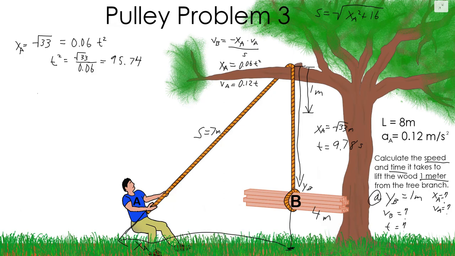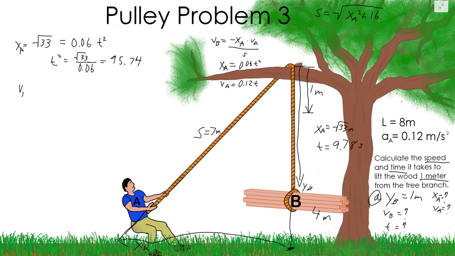So it's going to take him about 10 seconds to get all the way over there, so I guess he's pretty heavy, or maybe he's just doing it in a very lazy, cautious way, I don't know. So we have t, and now we're able to get vA, and we already have xA, so just filling in all the gaps.